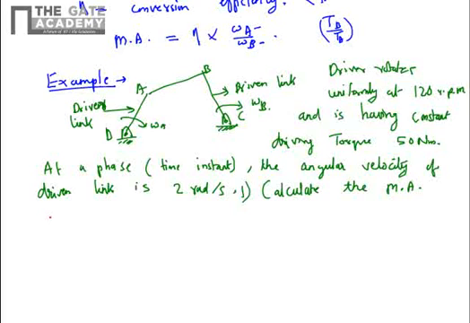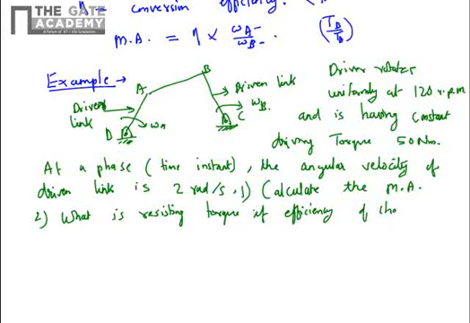This is the first part of the question. The second part of the question: what is the resisting torque if the efficiency or conversion ratio of the chain is 70%?